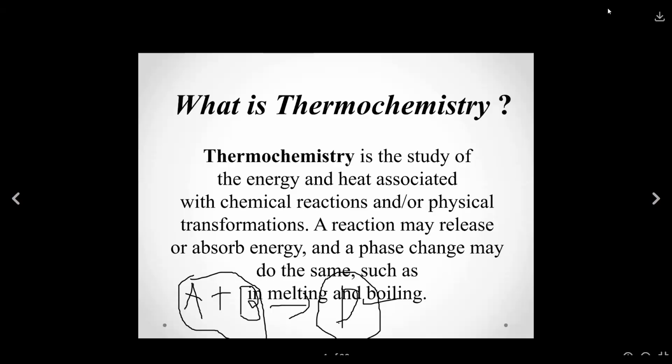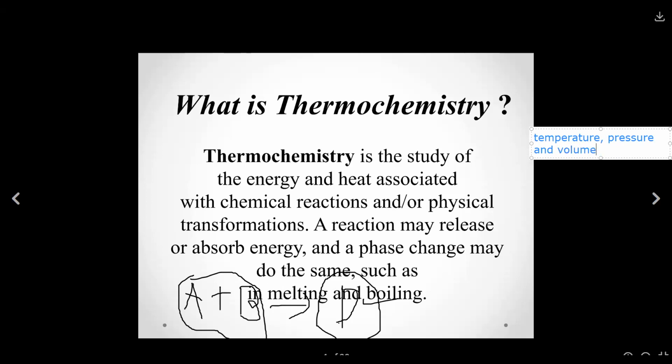And one very important thing that we need to understand in thermochemistry is that it usually involves the study of the microscopic properties, and these properties include temperature, pressure, and also volume.